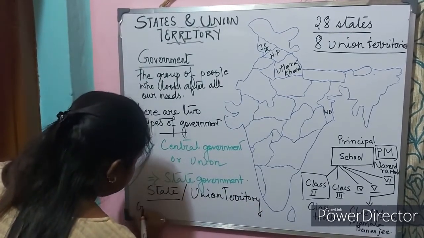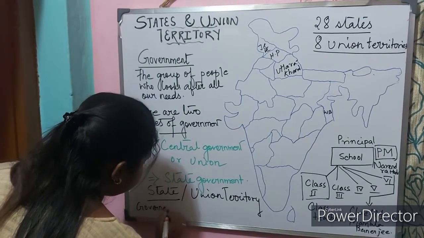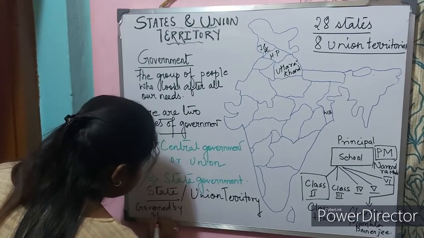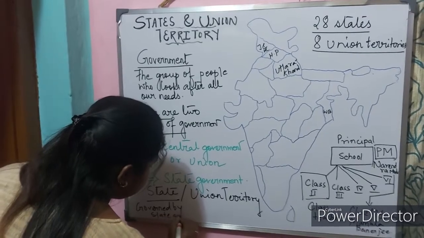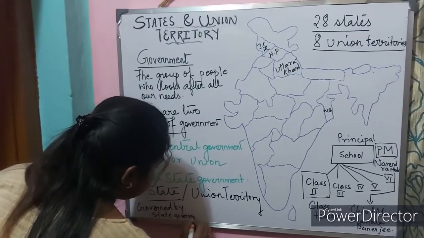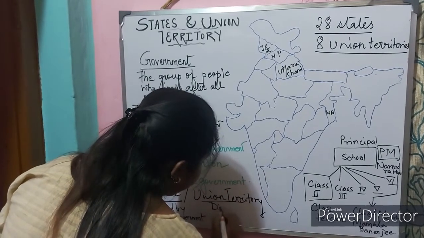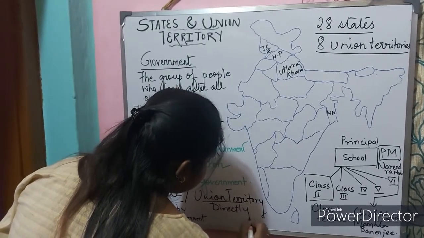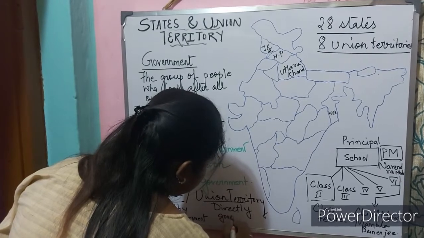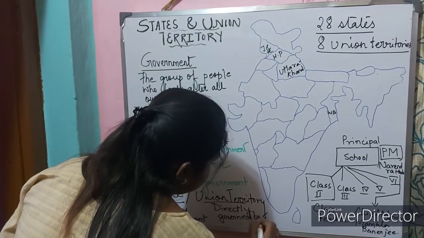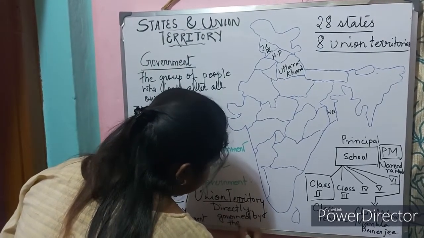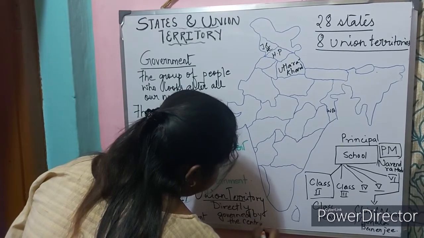State: governed by state government. And union territory: directly governed by the central government.